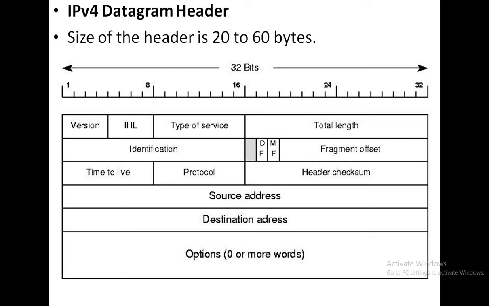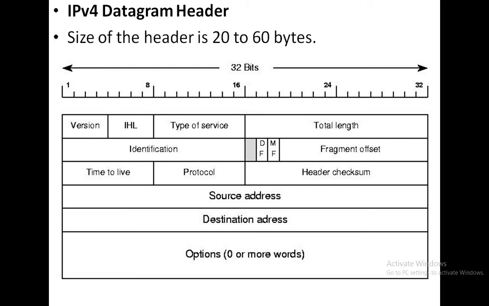So what are the types of service? There are 4 bits: D, T, R and C. D is the minimize delay bit, T is the maximize throughput bit, R is the maximize reliability bit, and C is the minimize cost bit.